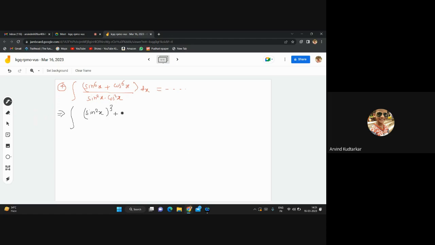Sin square x. So cos square x, not sin square. Cos square x is there. So (cos square x) whole raised to 3 upon sin square x into cos square x, we will get like this, into dx.